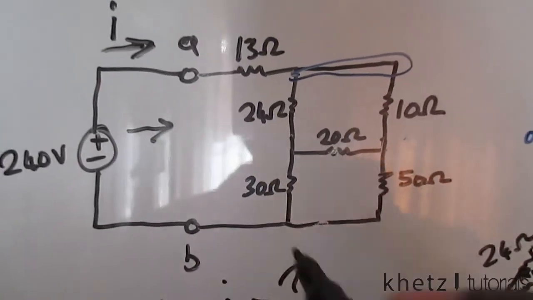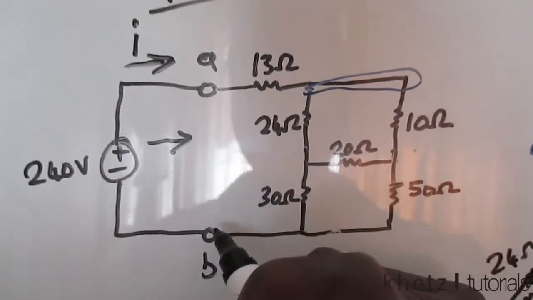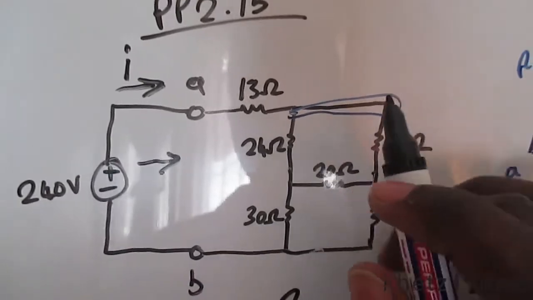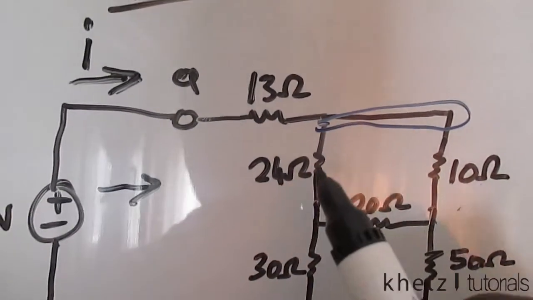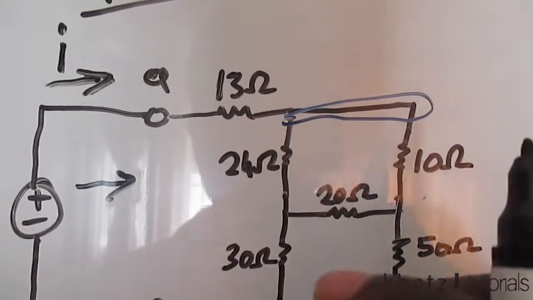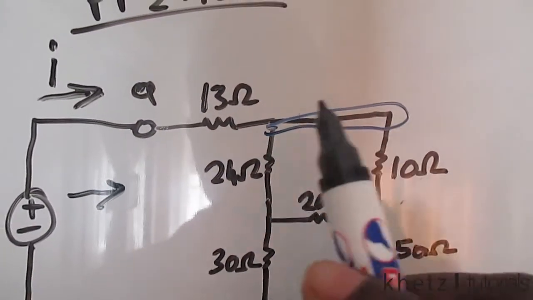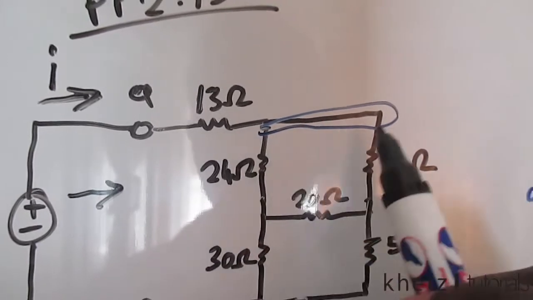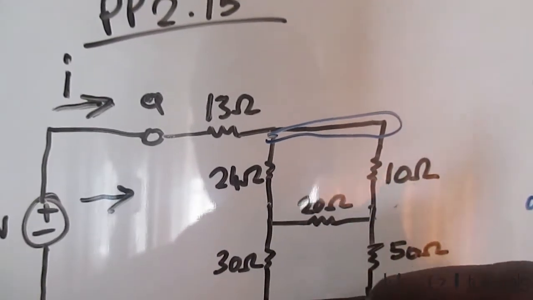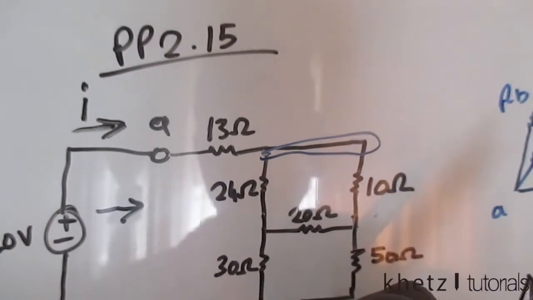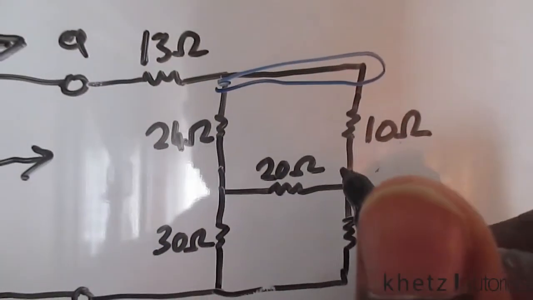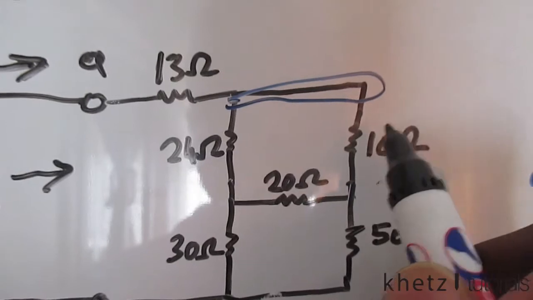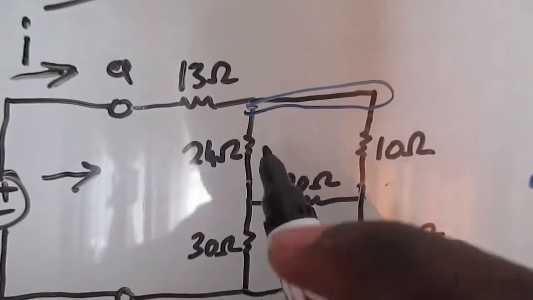So let's start with finding the equivalent resistance at these terminals. You'll see that these two resistors, 24 and 10 ohms, share that top node, but cannot be qualified to be in series. Also, this node is shared between 20 and 10, but they're also not in series.